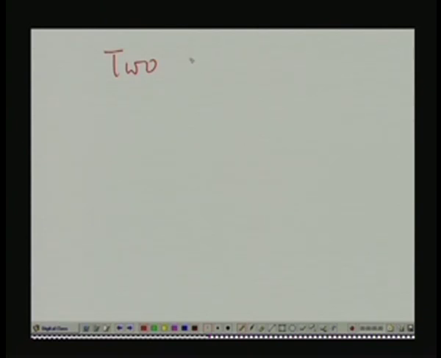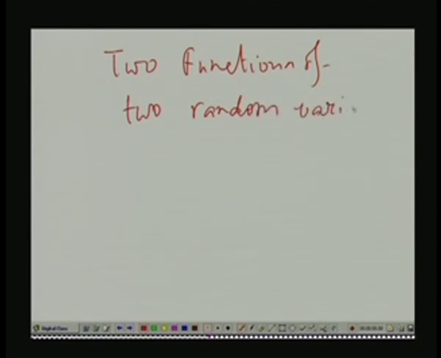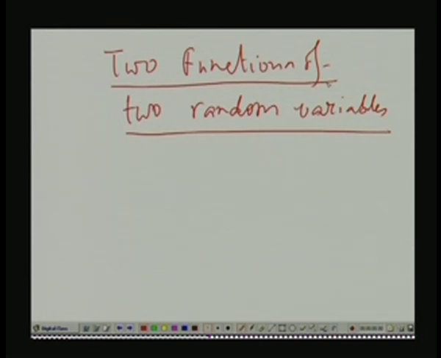So, we are considering two functions of two random variables. Okay.